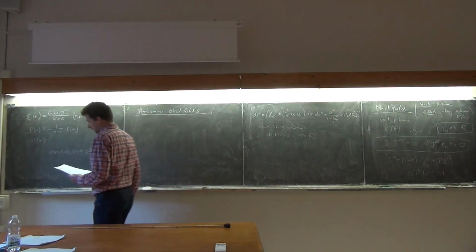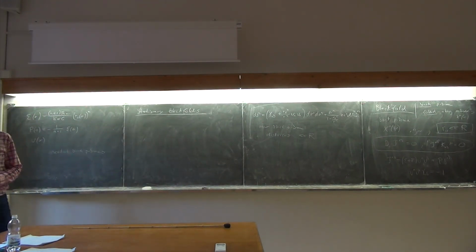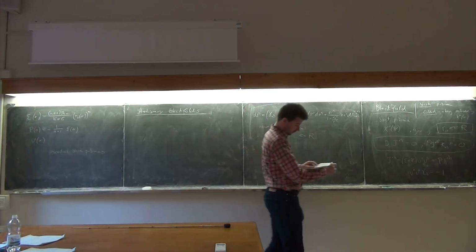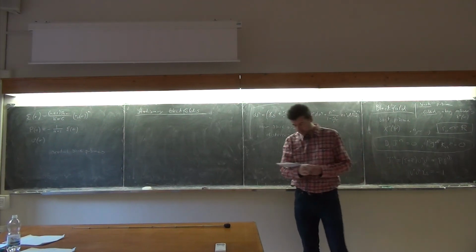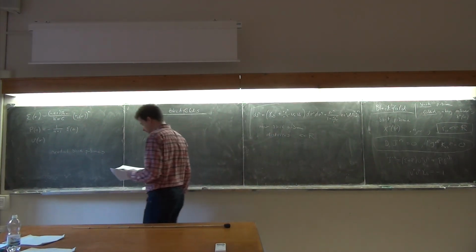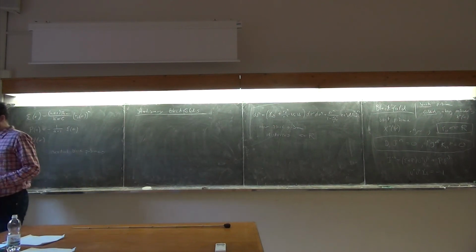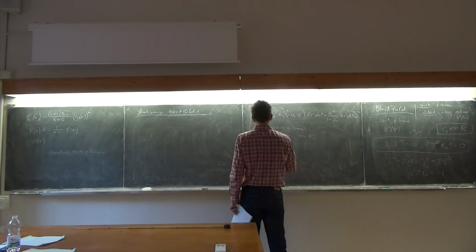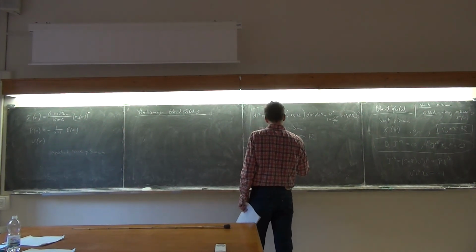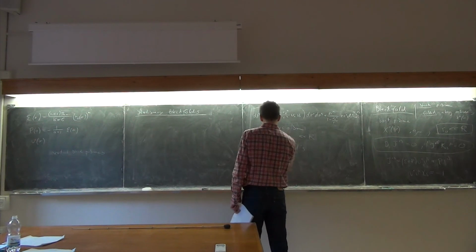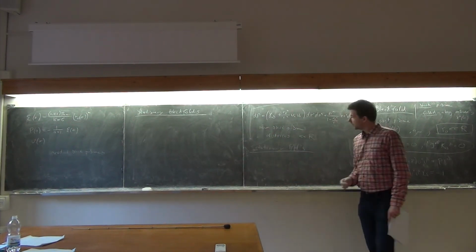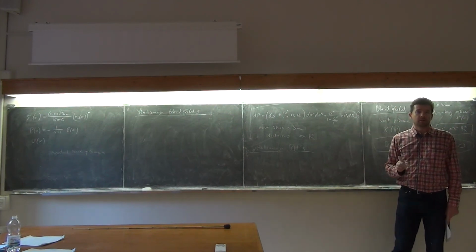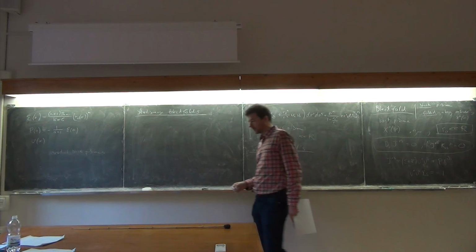So what is a stationary black hole? Well, a stationary black hole is one that is in equilibrium. If you remember, for stationary black holes, I said at some point that there was a particular Killing vector field that characterizes a stationary black hole.